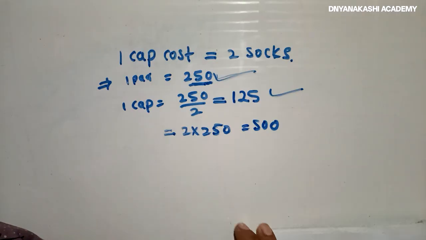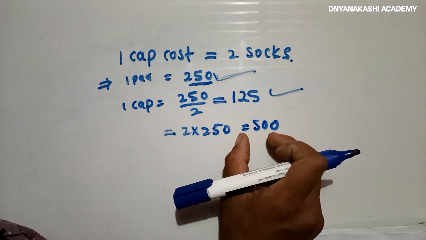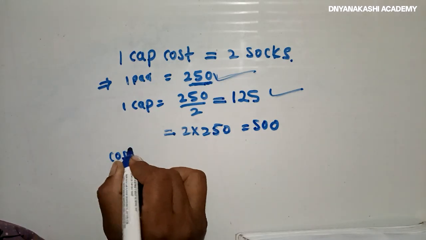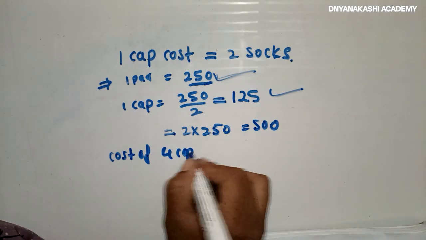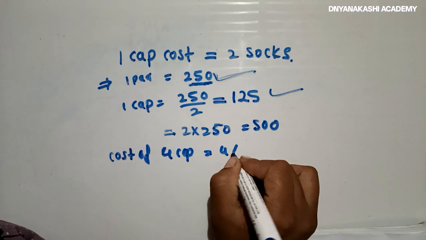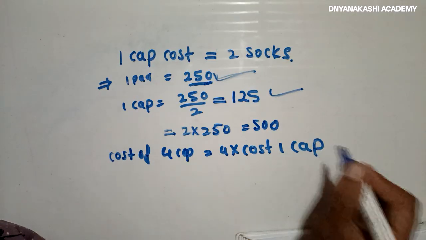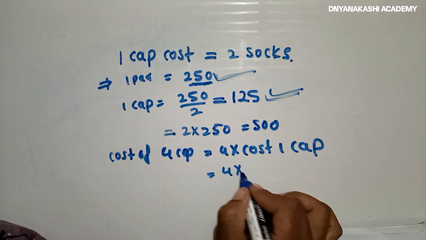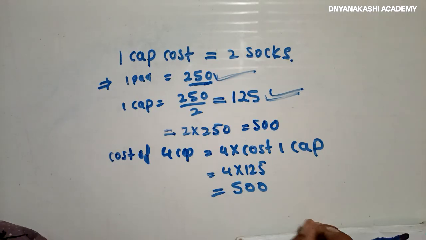And the cost of four caps: 4 into the cost of one cap, which we already found, 125. 4 into 125 is equal to 500.